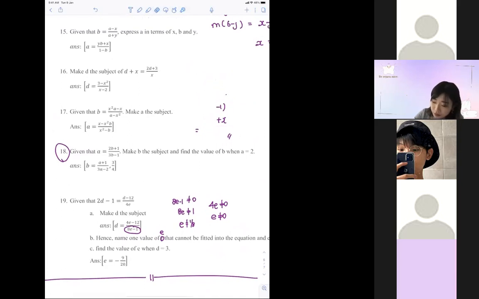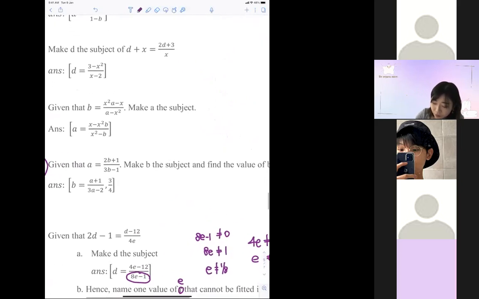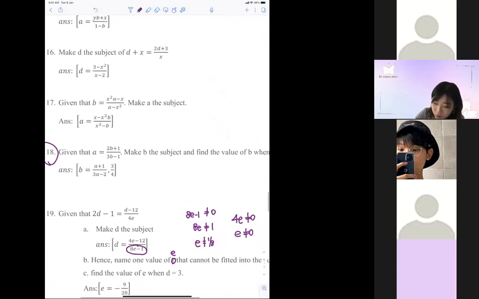Okay, let me go through 17. If you're done with 17, you can move on. Okay, so question 17, you want to make A the subject. First thing, cross multiply. So B times (A minus x squared) equals x squared times (A minus x). Then make sure you expand the bracket because the subject is inside the bracket. So AB minus Bx squared. And then A is your subject.